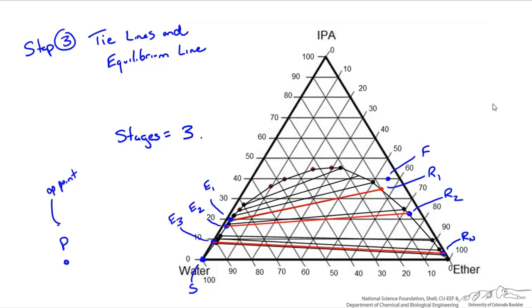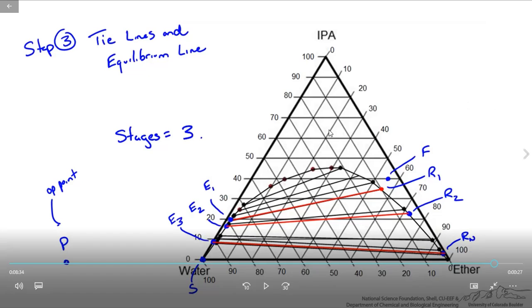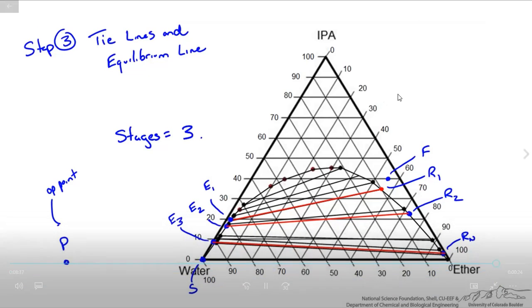You have calculated the number of stages. So for this system there are 3 stages in which you have located E1, R1, then based on that you located E2, and then R3 and so on.